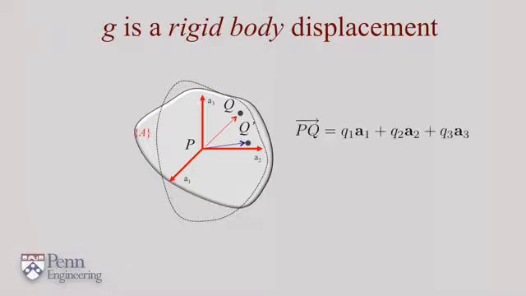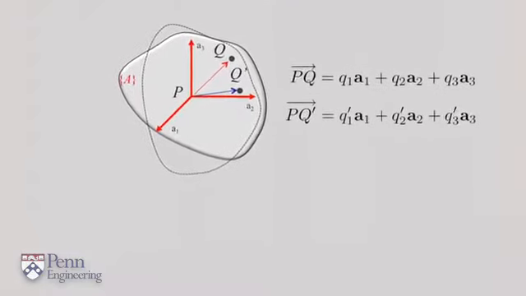Again, I can write it as a linear combination of A1, A2, and A3, but now I'm going to get two different sets of coefficients. If I look at PQ, it has coefficients Q1, Q2, and Q3. If I look at PQ prime, it has coefficients Q1 prime, Q2 prime, and Q3 prime.